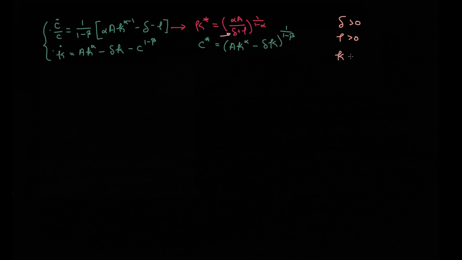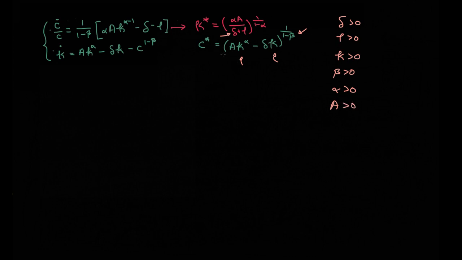Furthermore, we know that K is going to be positive, and we know that B is positive. That's given to us in the question. So this is non-zero, this is non-zero, and this is something. So really, we just have a bunch of positive values. A is greater than 0, alpha and A, everything's greater than 0.